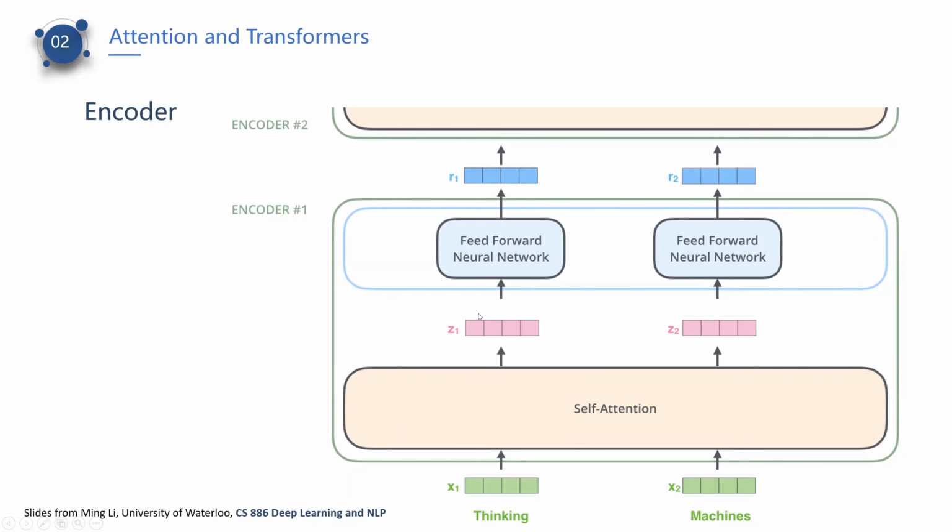From X, we will get Z: X1, Z1, X2, Z2. Then it goes to the feed-forward neural network, and from there we get R1 and R2. The feed-forward neural network is independent for each word, so we can parallelize and do this quickly. We don't have to wait for the sequence like an LSTM would. So we can do this directly.